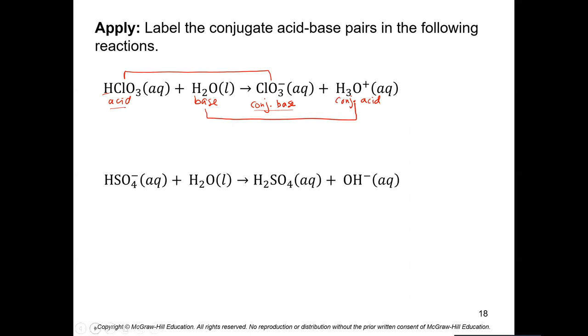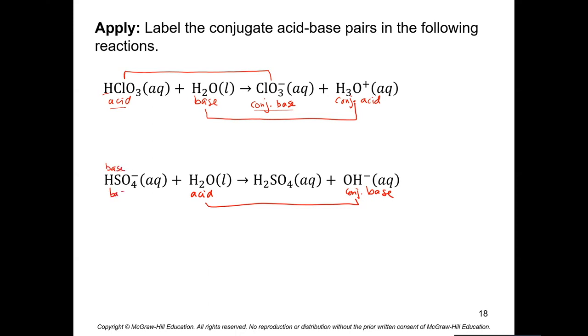Let's do the same thing for the other reaction that we predicted. H2O becomes OH minus. What this means is that H2O donated a proton, so this was an acid. That means this is going to be its conjugate base. HSO4 minus, this was the base because it accepted a proton.